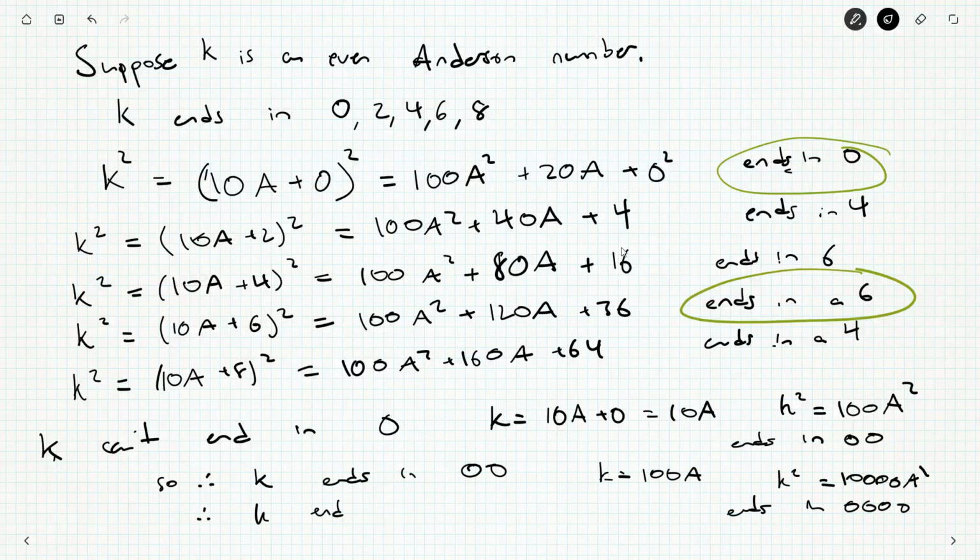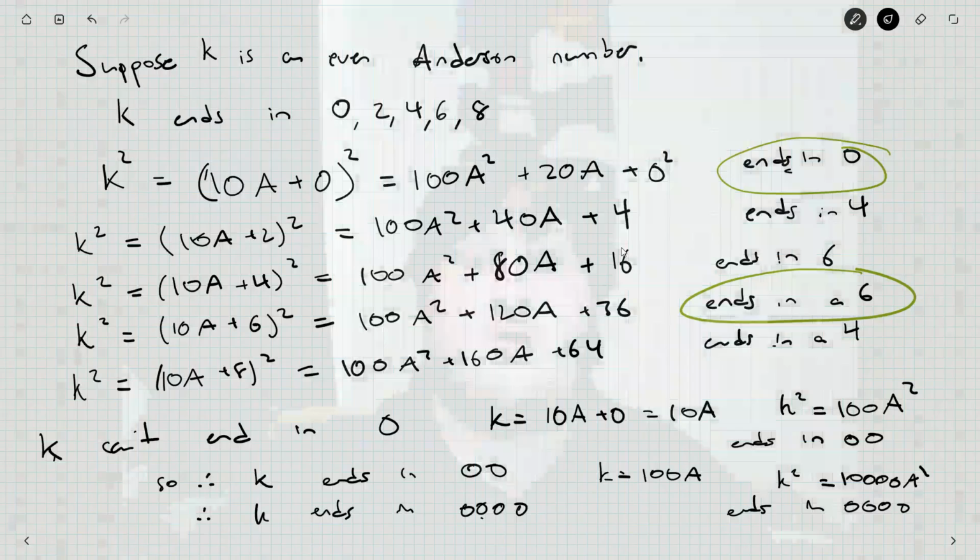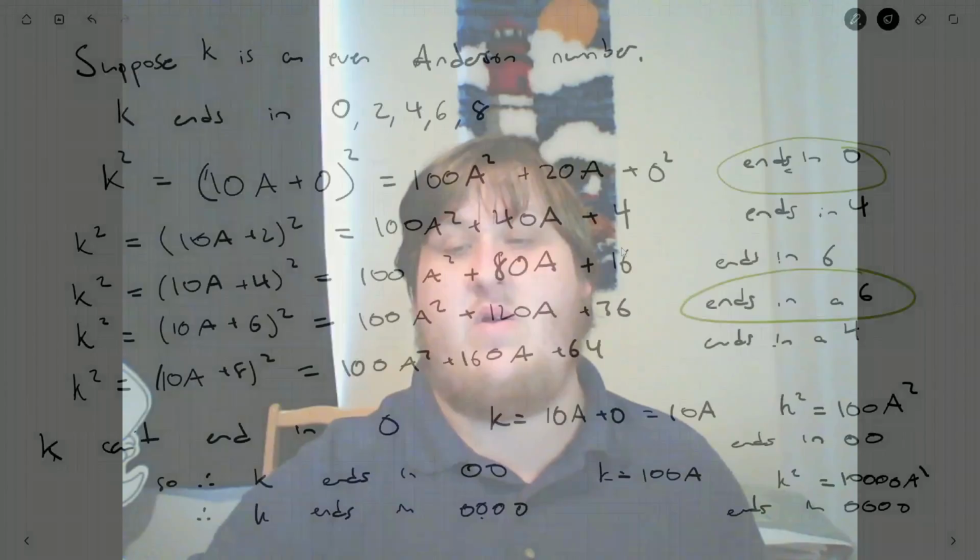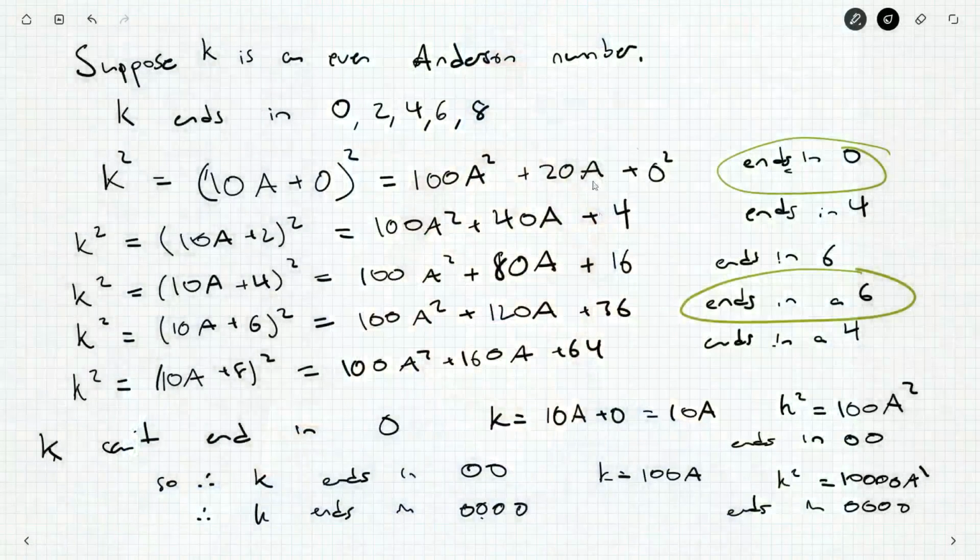So k ends in 0, 0, 0, 0. And then you can repeat, so k's got to be a multiple of 10,000, but then that's beyond our range. And of course, you can keep repeating the argument to show that you'll never actually get an Anderson number this way, other than k equals 0, which technically isn't one because of positive integers. So that means that we can only ever have Anderson numbers that end in 6.